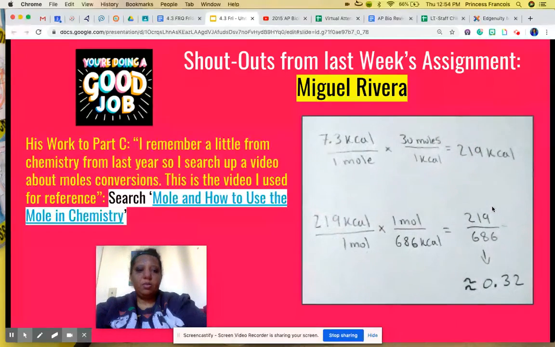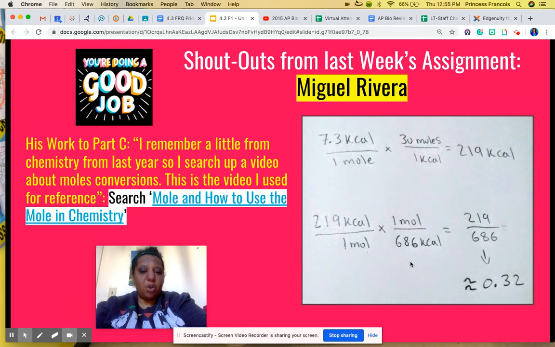I'm also highlighting Miguel's work as well. In addition, he also got the correct answer, the 219 kilocalories, but then the other part, he managed correct as well. He mentioned he remembered about mole conversions.